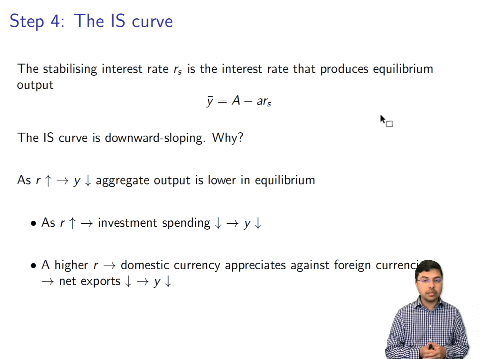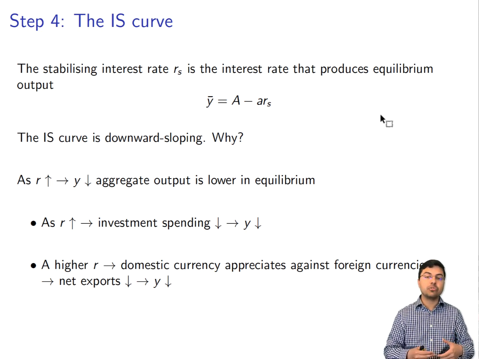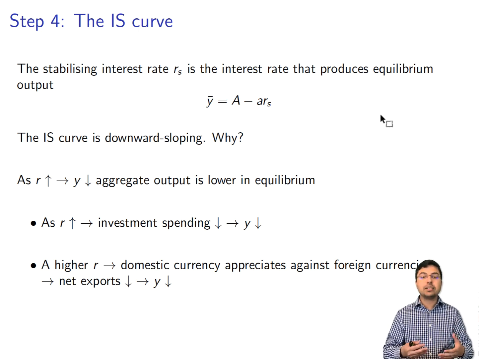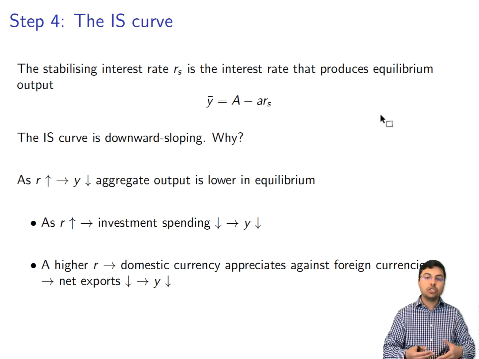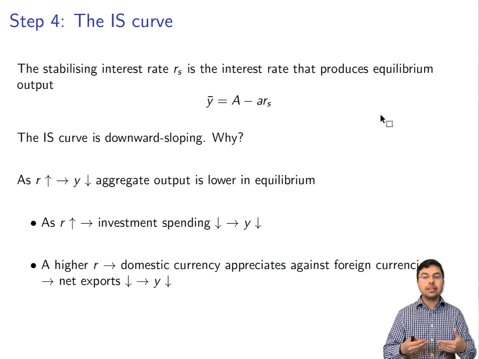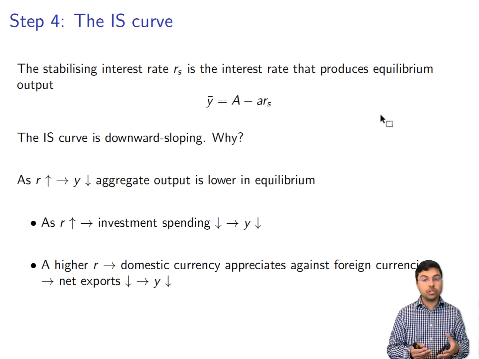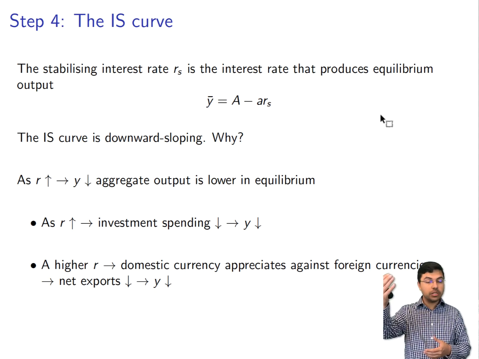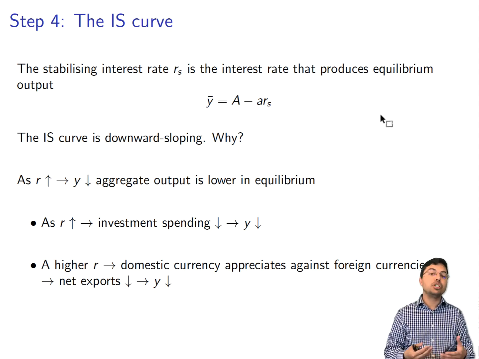A second reason is that as domestic interest rate increases, foreigners want to buy financial assets that are denominated in domestic currency, which causes the domestic currency to appreciate against foreign currencies. But as the domestic currency becomes stronger, net exports decrease because exports from the home country become more expensive for foreigners and imports become cheaper.